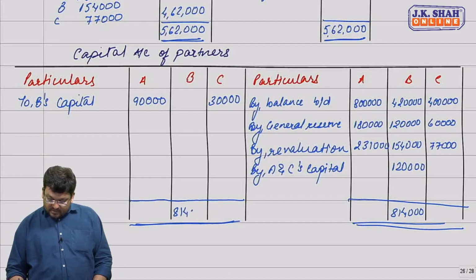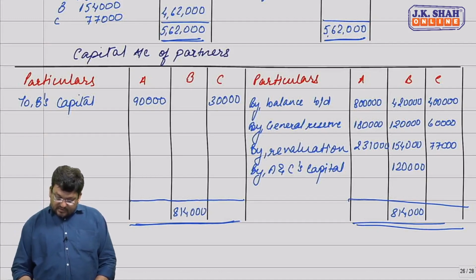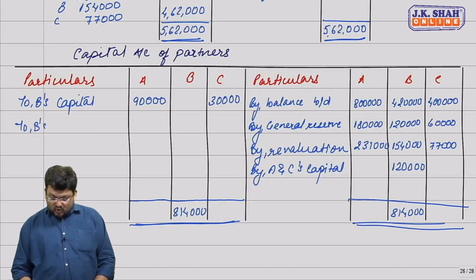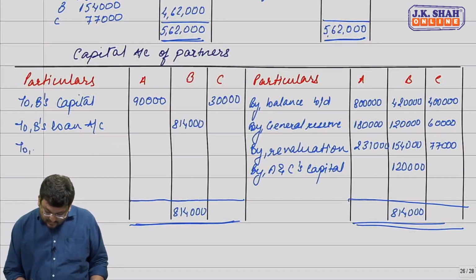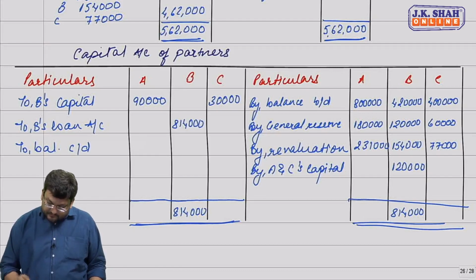Amount payable to B is 8,14,000 that will be transferred to his loan. And remaining balance in A and C's capital account.